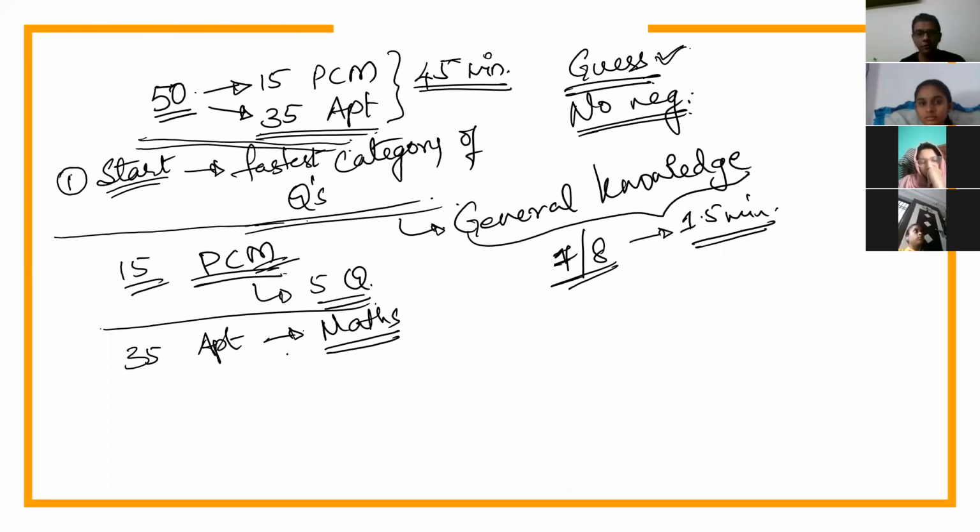So if I'm talking about maths, then I'm also talking about static GK. Static GK means, guys, that it's like our history. History has never changed, right? Information of history has never changed. So the static GK is information that has never changed over the period of time.